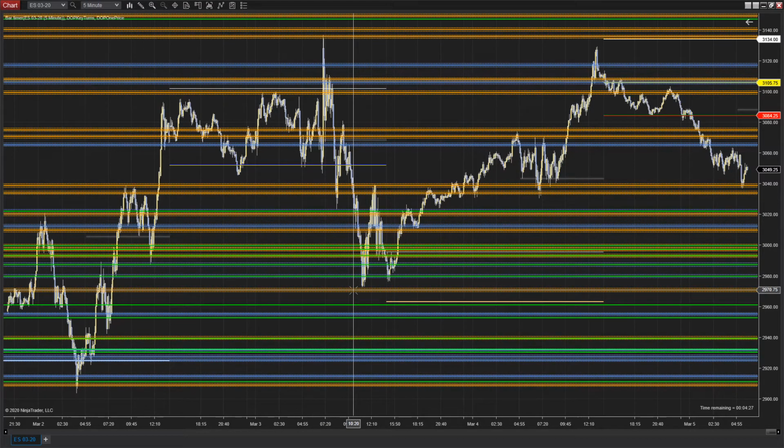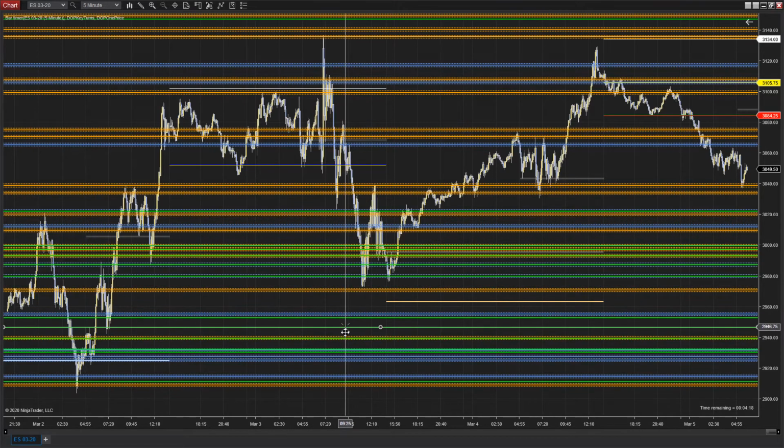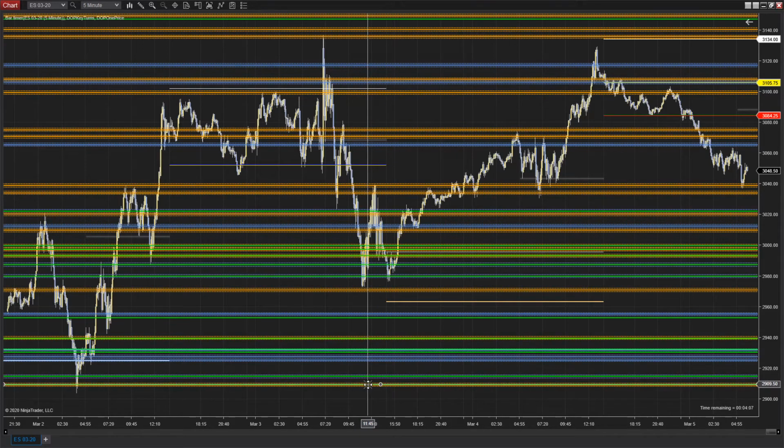That was not really used, but it's extremely close to this last swing. And then that's not used. That's not used. Maybe that one. So the point is they've got some room to go lower here.